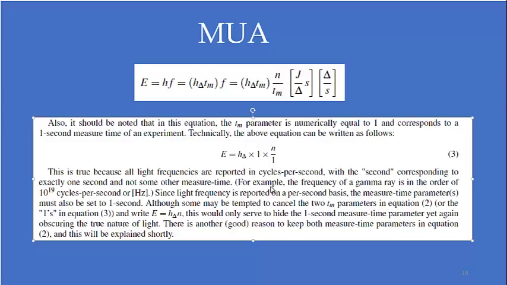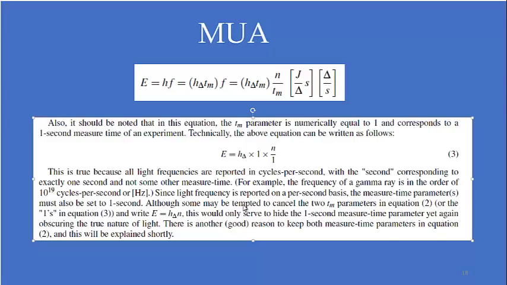For example, the frequency of a gamma ray is on the order of 10 to the 19 cycles per second, and this is hertz. Since light frequency is reported on a per second basis, the measure time parameters must also be set to 1 second.